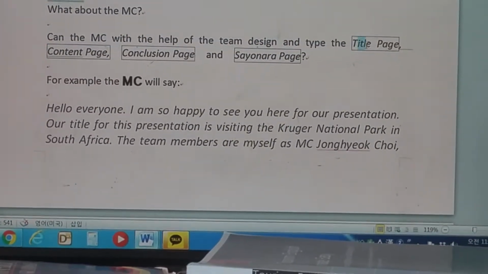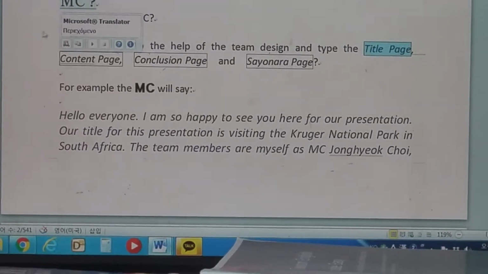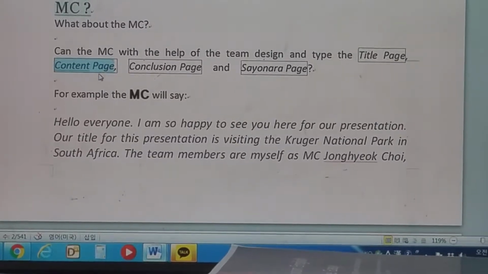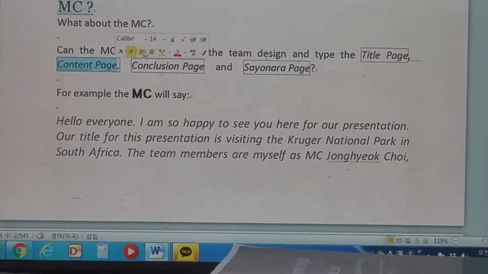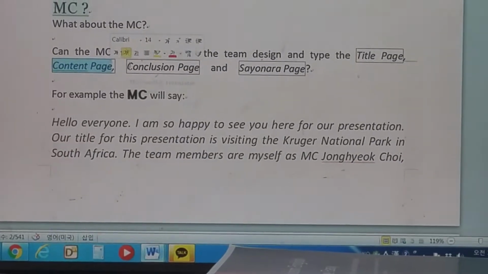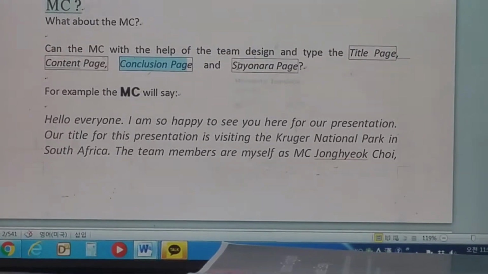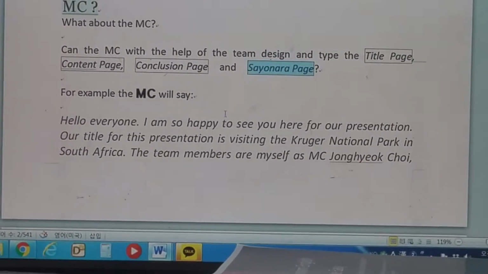The title page is the first page, with the team members on it and so on. The content page comes next: first the artist, then the scriptwriter, then the researcher, and then me, coming for the conclusion. Then the conclusion page, and the sayonara page, the last bye-bye page.